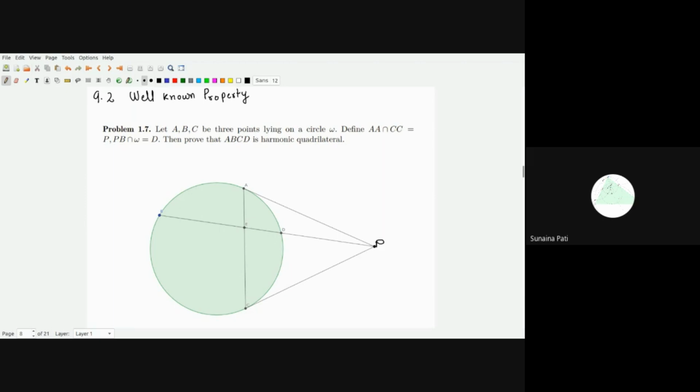So yeah. Hi Ravi. Currently we're doing this problem, so you can try it out.